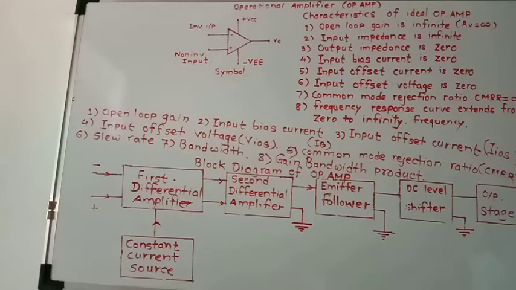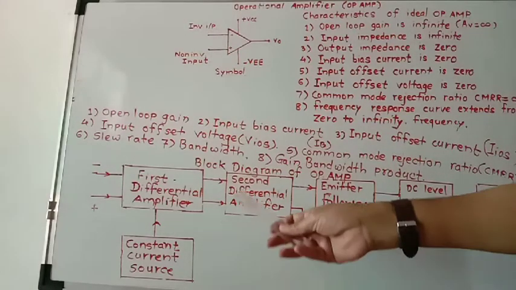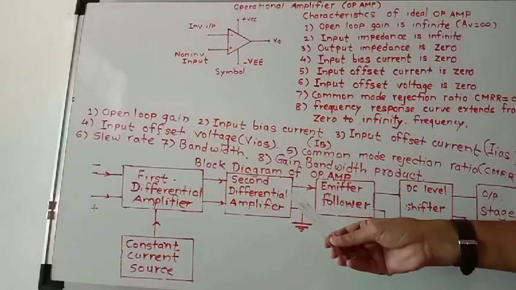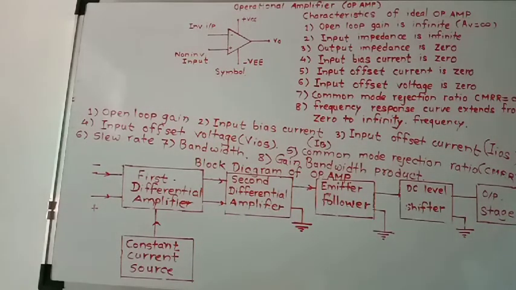Then the output of the first differential amplifier is given to the second differential amplifier. The second stage is also a differential amplifier, but it has a single-ended output. That is, output is taken between any one collector of the transistor and common ground.